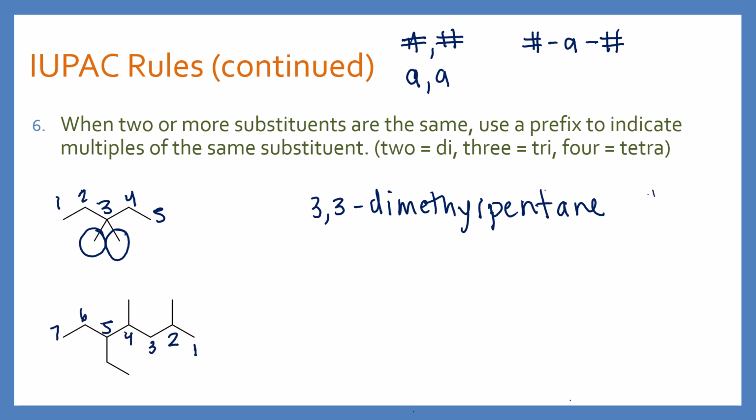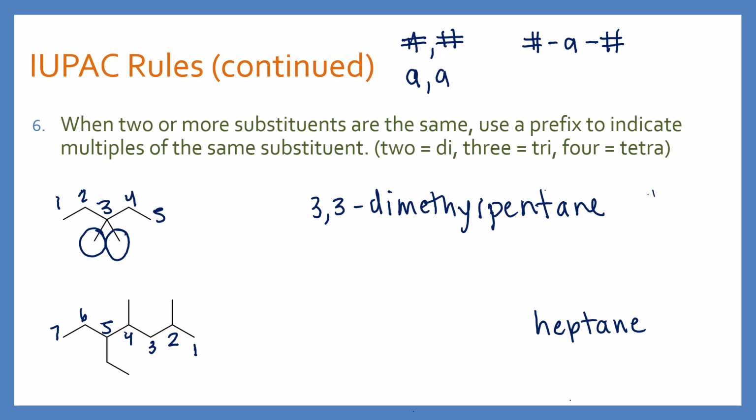So my parent chain has 7 carbons in it. My prefix for 7 is hept. And just a reminder, I'm using the AN infix because all of my carbons are single bonds, and my suffix is E because this is still a hydrocarbon.